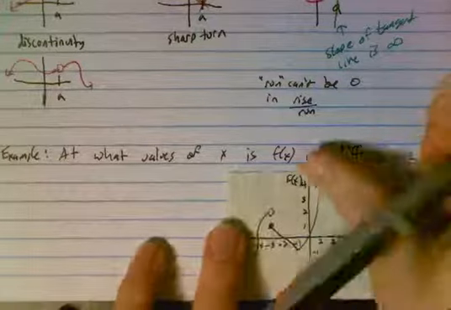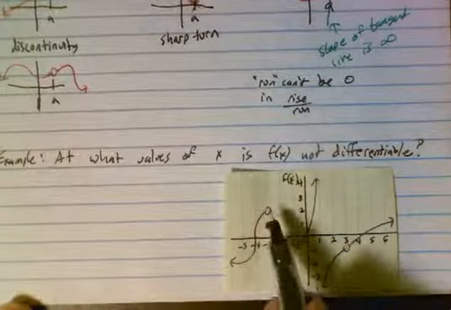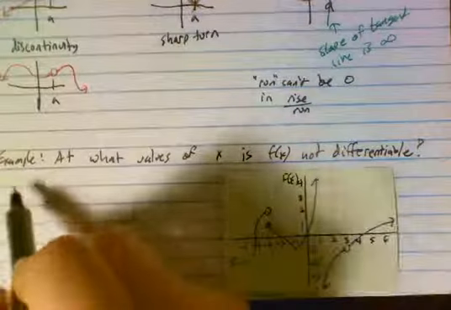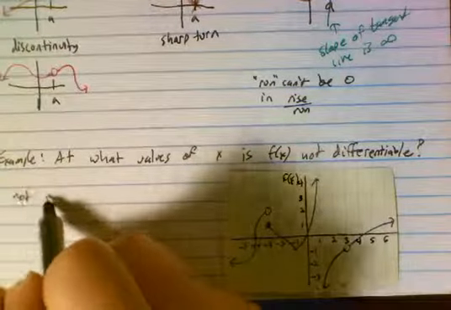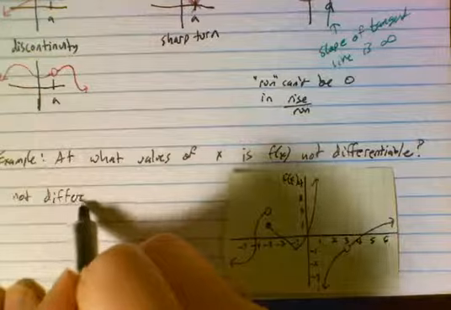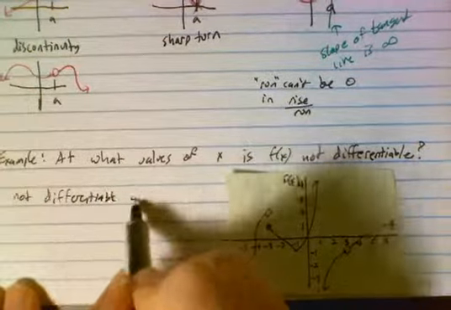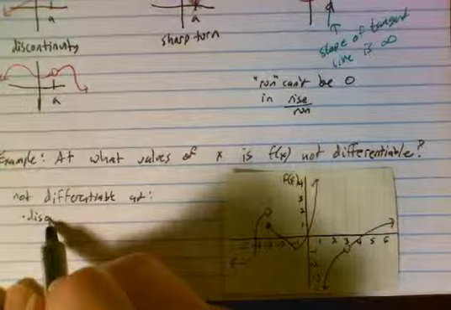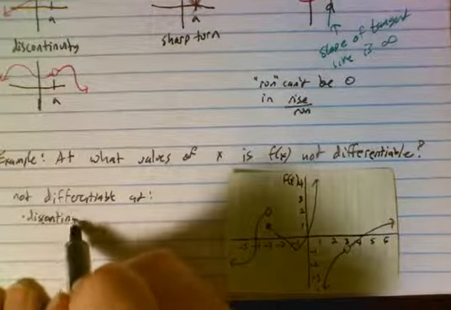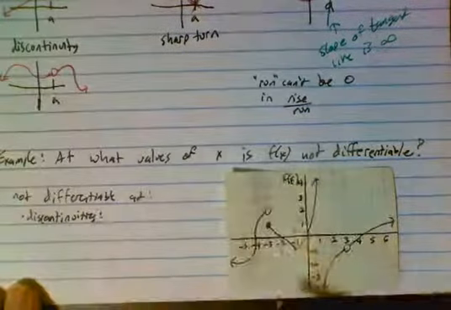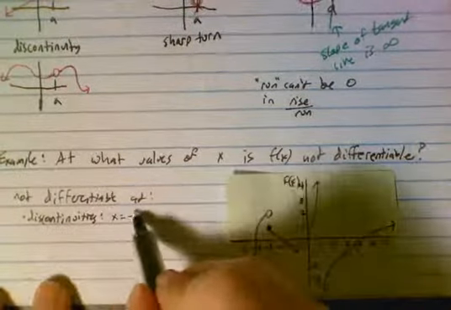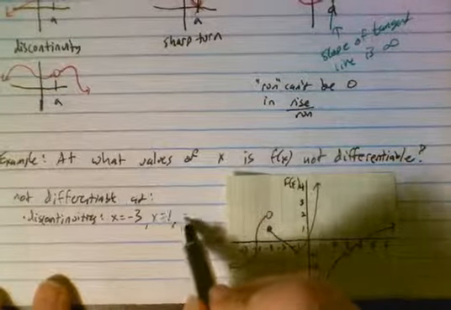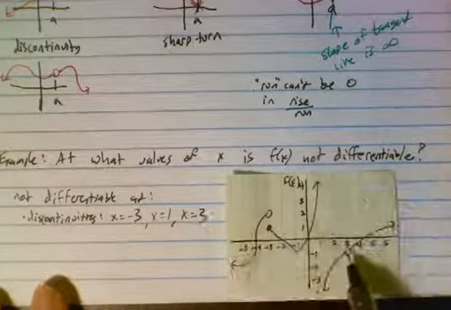And so what we're looking for is any discontinuities. So clearly not differentiable at discontinuities. So that would be x equals -3, x equals 1, and x equals 3 right there.